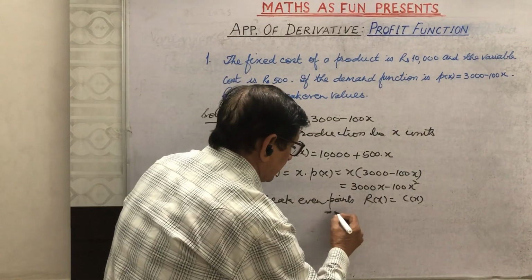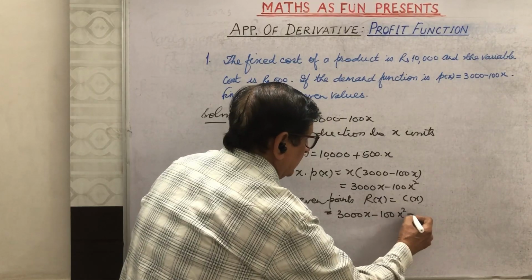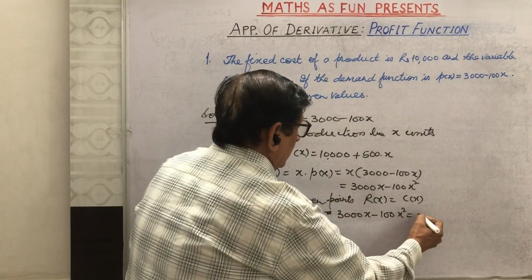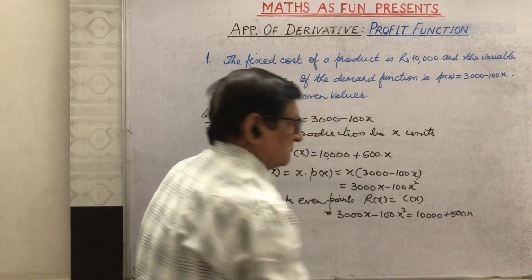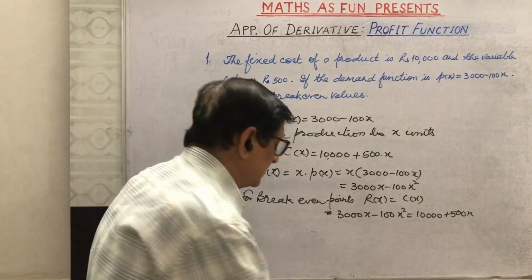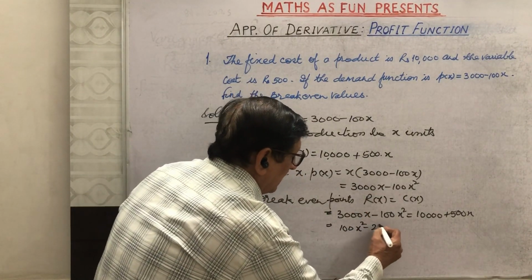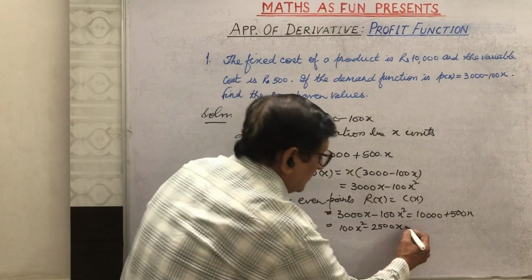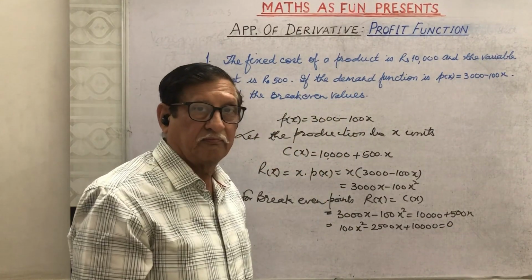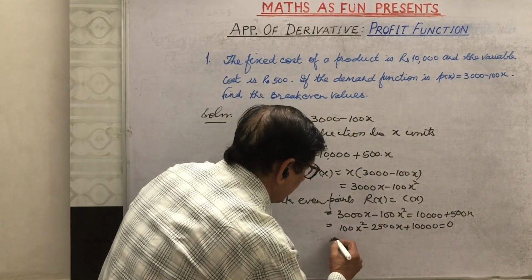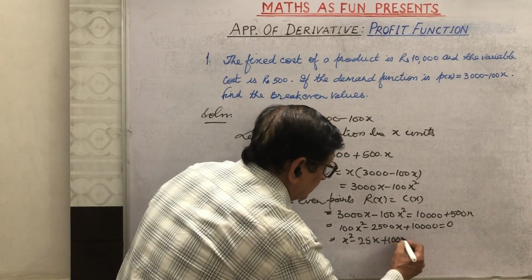It means 3000x minus 100x square is equal to 10,000 plus 500x. When we simplify it by transposing, we get 100x square minus 2500x plus 10,000 is equal to 0. If we divide by 100, we get x square minus 25x plus 100 is equal to 0.